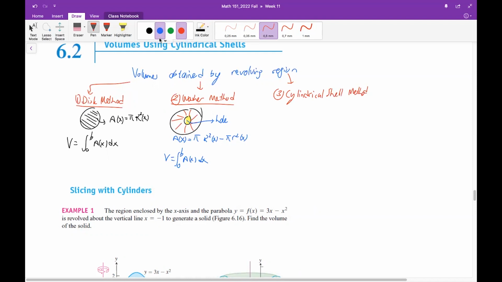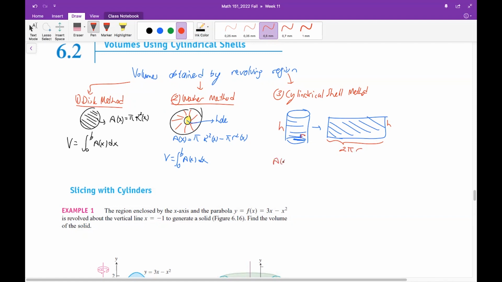Here, we will be using not disks, not rings, but circular cylinders of increasing radius to slice our three-dimensional object. So we will be using such circular cylinders, and the area of these will be our cross sections. Let's say it is a cylinder with radius r and height h. If you cut it open, you will obtain this rectangle where this part will be the circumference of the base, right?